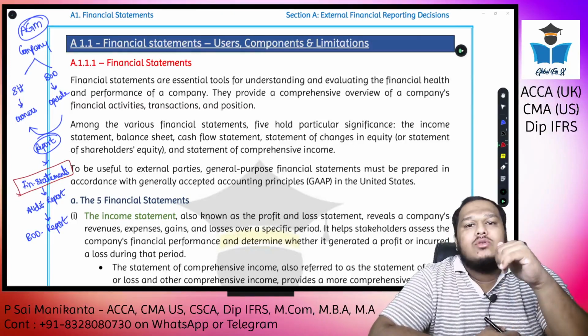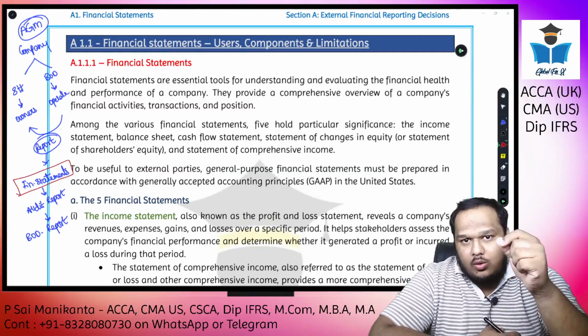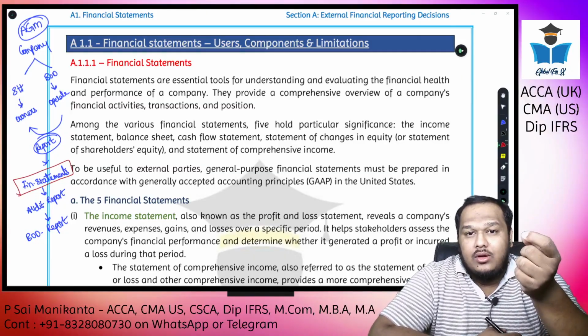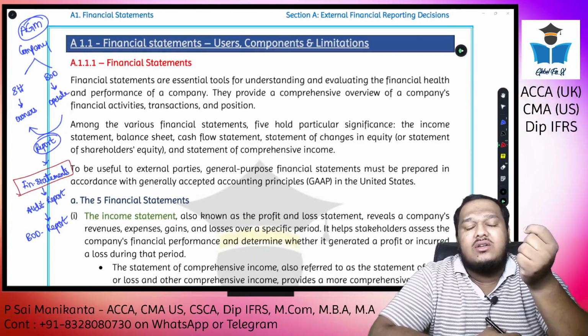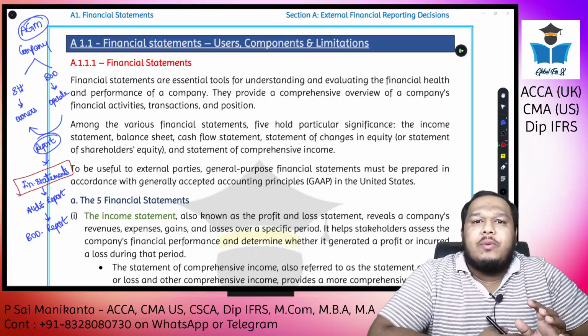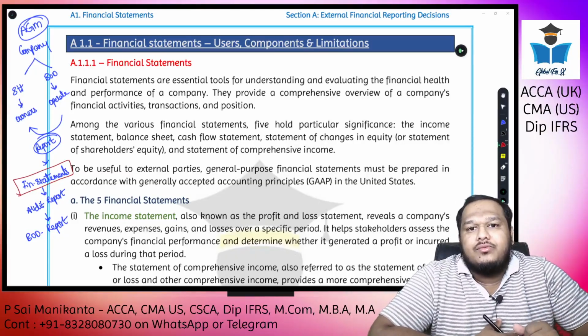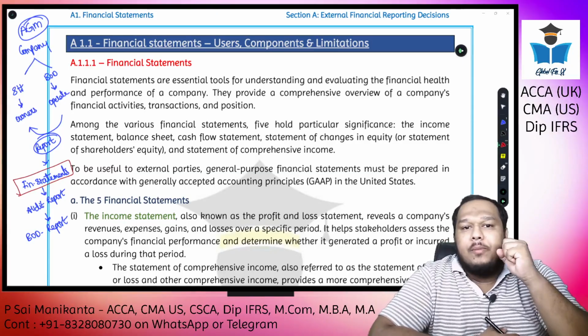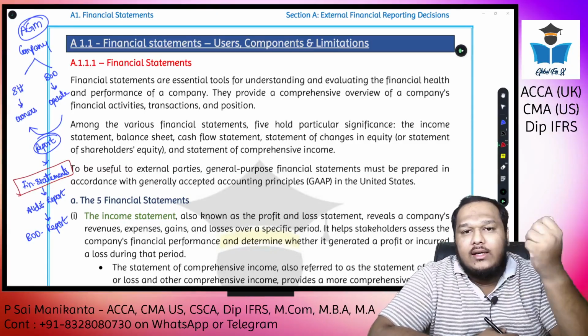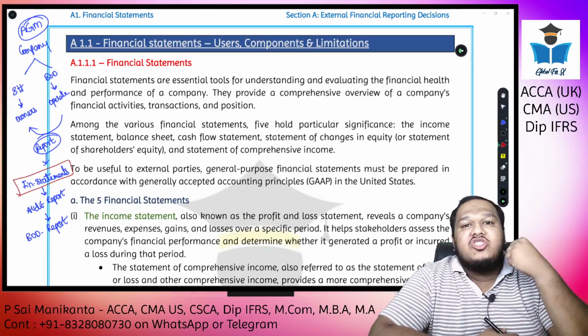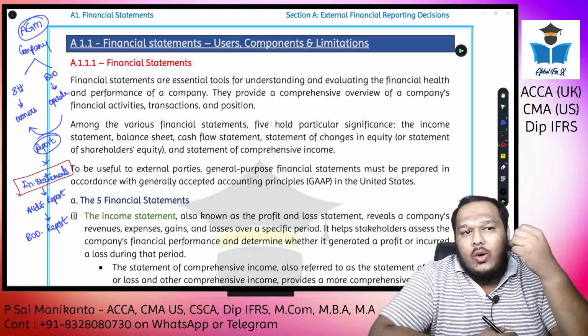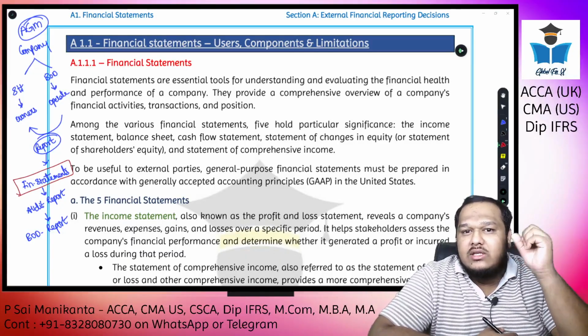So they're giving you some information. Now as a user, as a shareholder, as an investor, do you know how to prepare the financial statements? Maybe because you are preparing for the CMA, you might know a little bit about it. But as a general common user, do I really know how to read the financial statements?